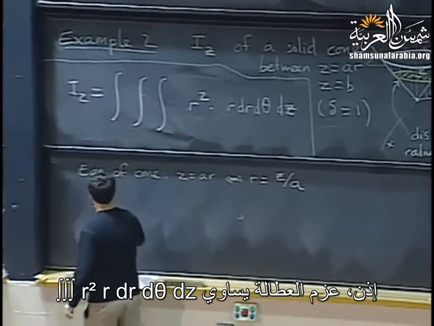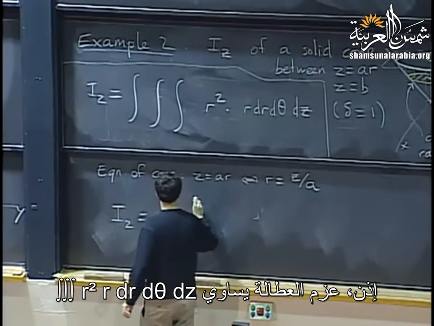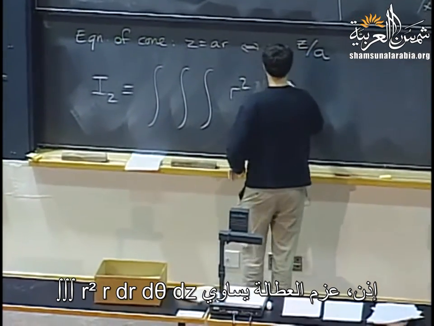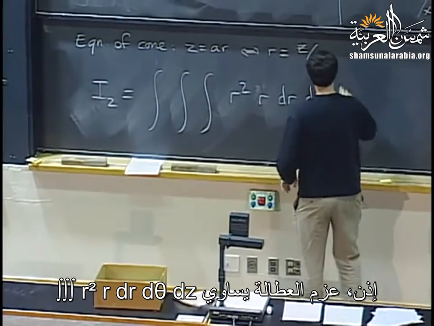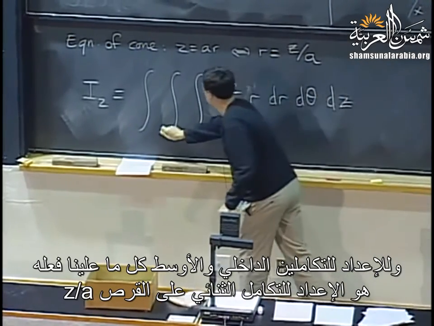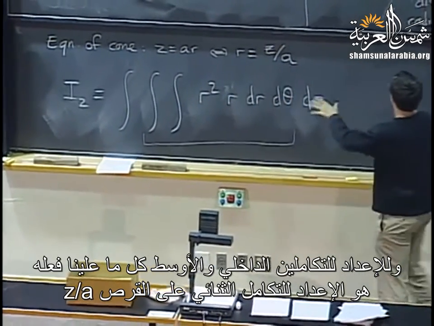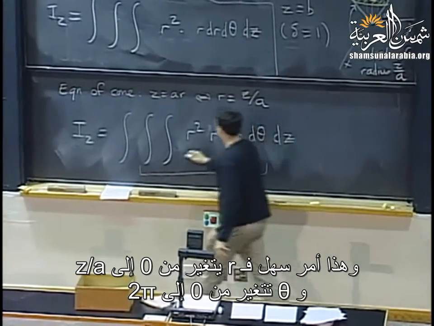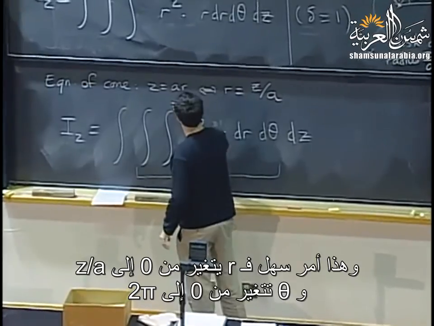So the moment of inertia is going to be, I said r squared, r dr d theta dz. To set up the inner and middle integrals, I just set up a double integral over this disk of radius z over a. So it's easy. r goes from 0 to z over a.